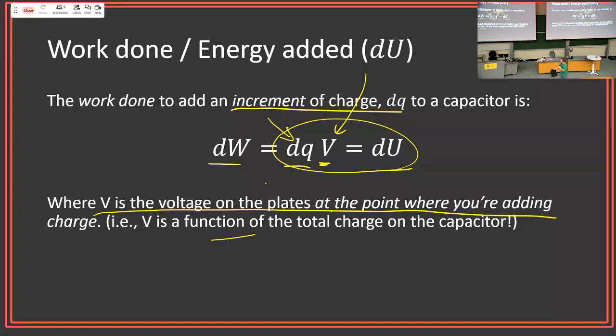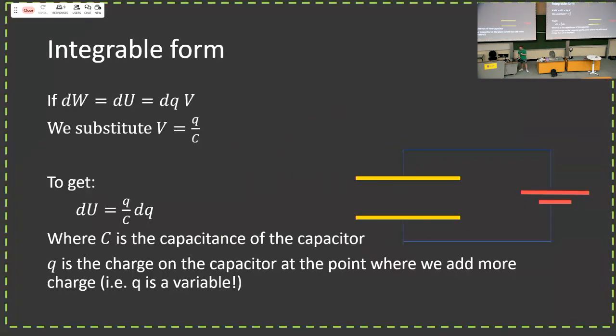V is a function of Q. It's actually V(Q) dQ. V is not constant for a capacitor that is in the middle of being charged. And so if we want to find the total energy of the capacitor, we need to integrate it. So this is what we're going to do.